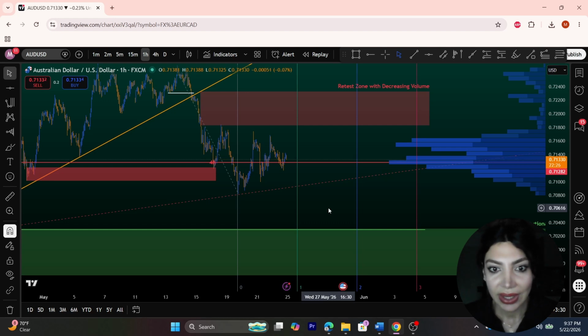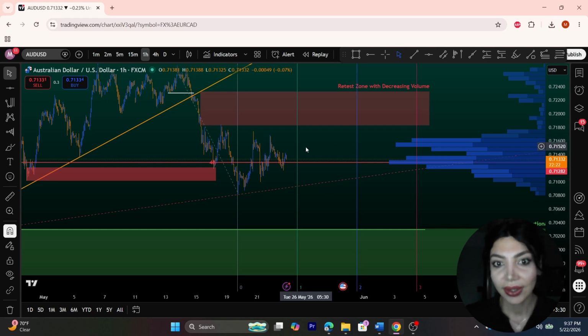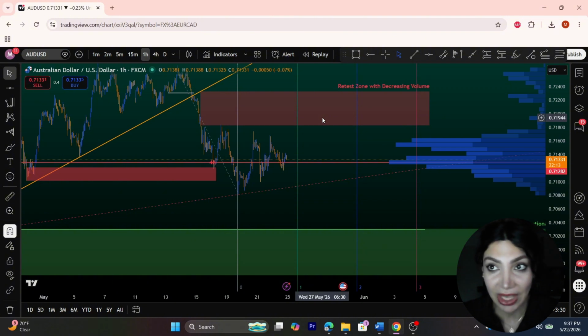One possible scenario is that the market comes back here to retest my sell zone one more time. And this makes sense in a way because the area itself was relatively low in volume.